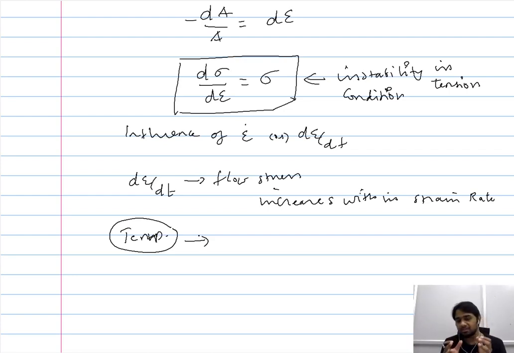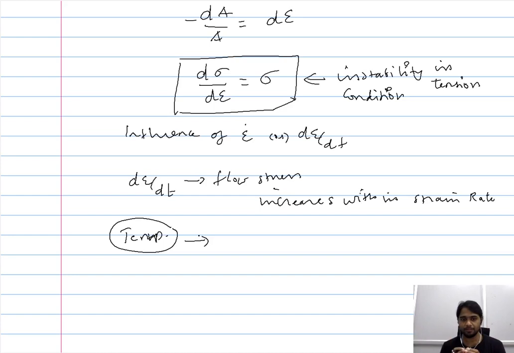The reason the material becomes more plastic at high temperature is because when you increase the temperature, you add to the energy of the system, you introduce thermal energy. This thermal energy increases the mobility of the dislocation, and therefore the dislocations easily move. That means the plastic deformation is enhanced, and the ductility also is enhanced.